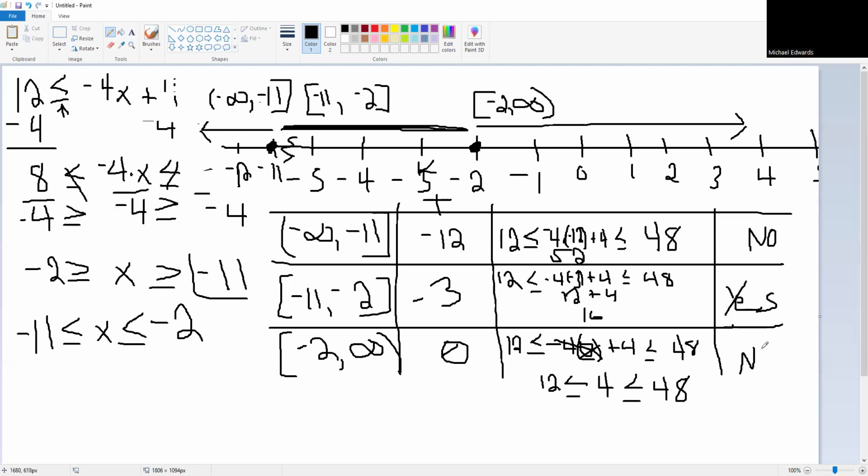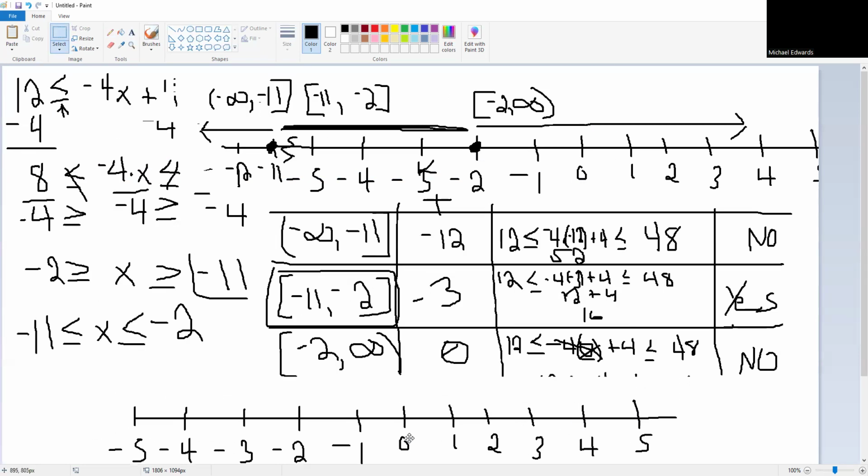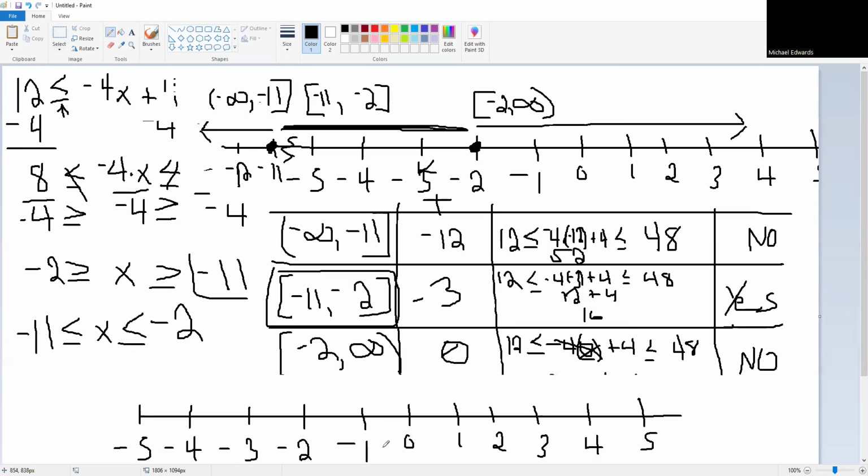No. So it is a no. So the only solution that we found was this right here. And we can graph that using our little graphing thing and our extension with our break in it at negative 11. We will graph it using this solid dot and this solid dot and making our line between them. No arrows on this line because it doesn't go off to infinity.